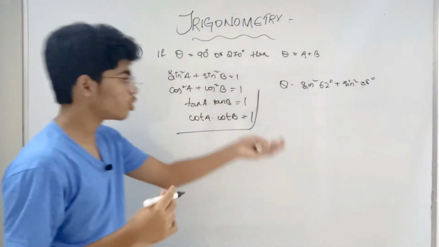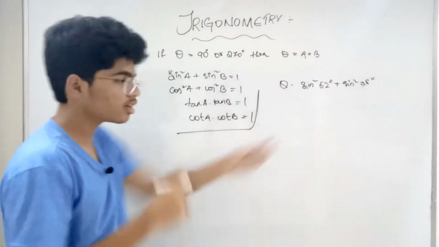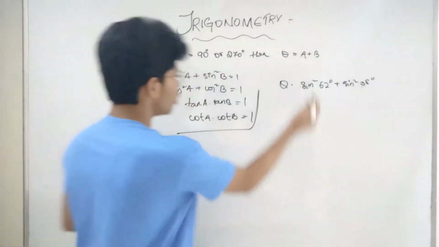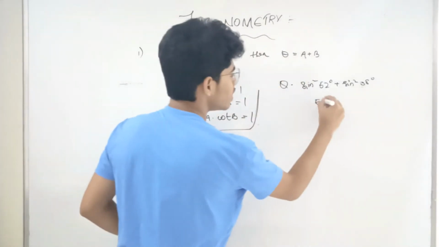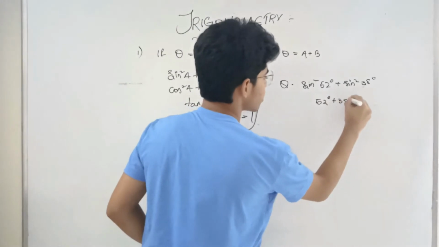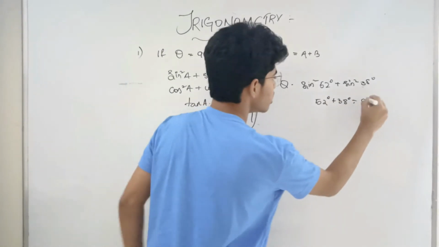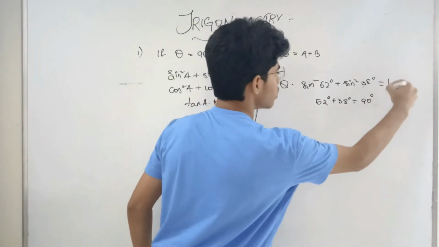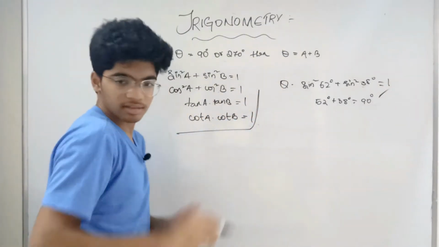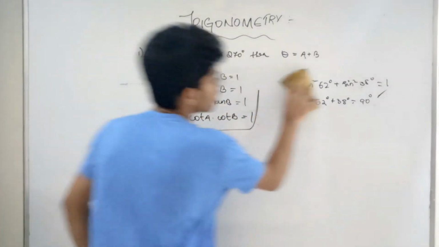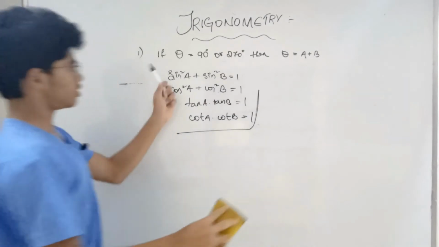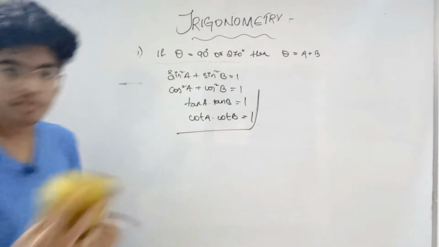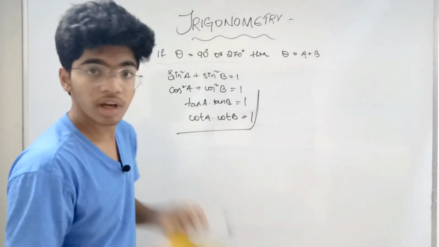We don't know their values, they are not standard values, right? So we use this: 52 plus 38 equals 90, so we can directly write the answer is 1. That's it. Pretty simple.